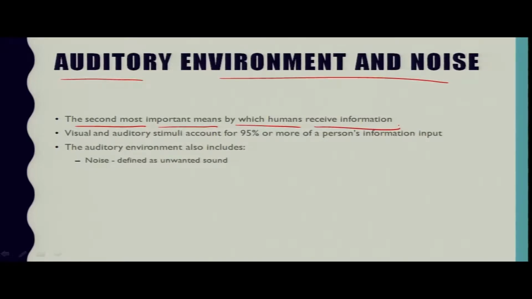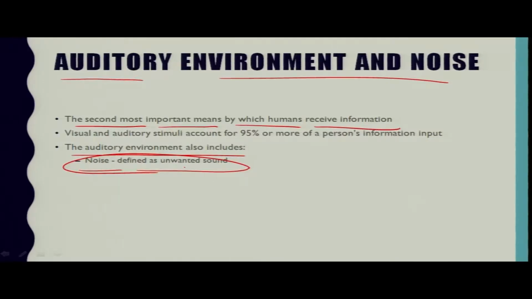As we are aware, visual and auditory stimuli in combination give 95% or more of a person's information input, and the auditory environment also includes noise, which is defined as unwanted sound.